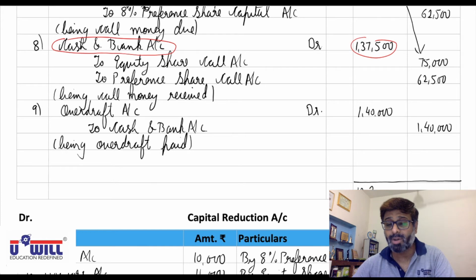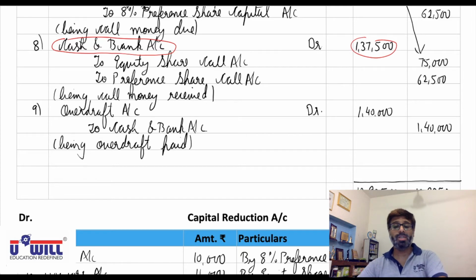Just cross verify. I have not done it with calculator. Maybe if you get a different amount, whatever it is fine. Okay, but this should be the total of journal. We have to do it.